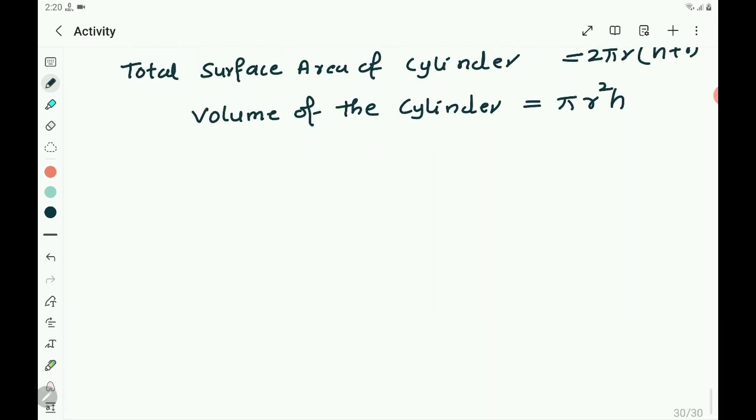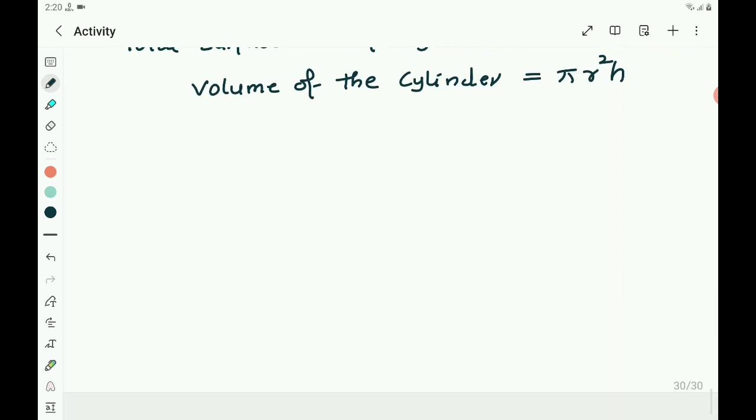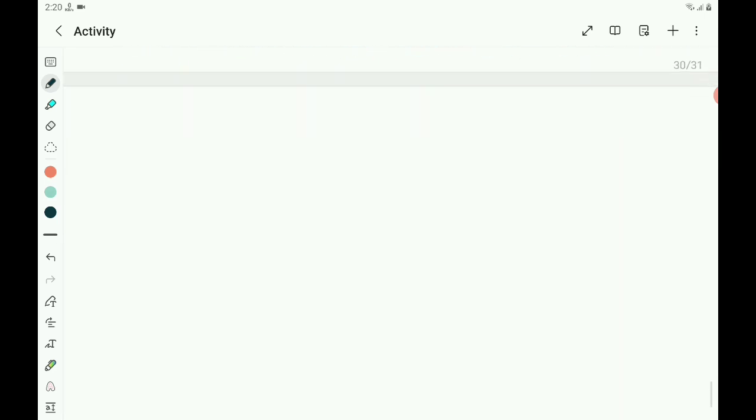Come to the next page. You must take each figure in a different page only. Start the new figure from a new page. Next you take cone. So what is cone? Cone is a solid with a circular base pointing towards the point.